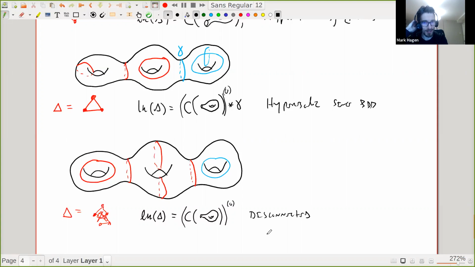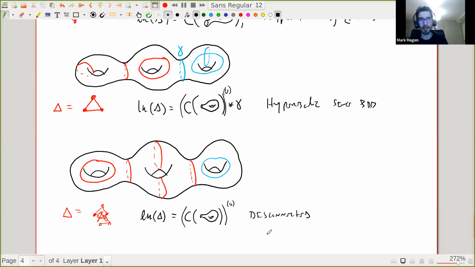And it turns out that this is the only way that the link can be disconnected, because in general the link is either a join, or it's the curve graph of some subsurface, and it's only when that subsurface has complexity 1, so it can only contain 1 simple closed curve without having 2 intersect, that the curve graph as defined here is disconnected.